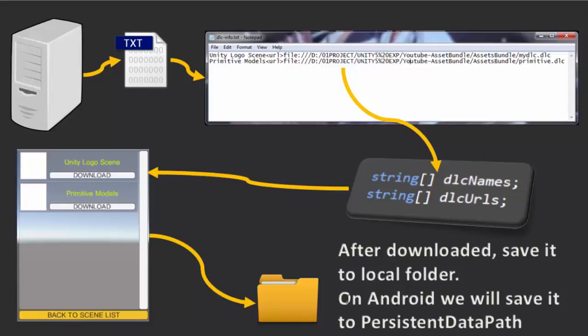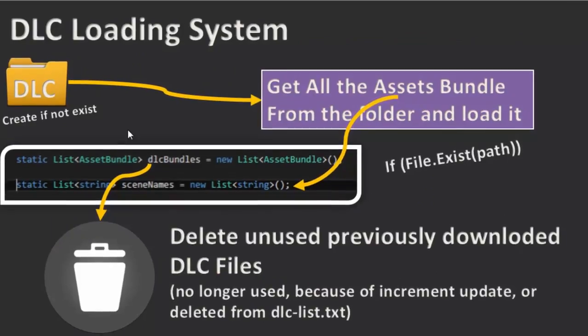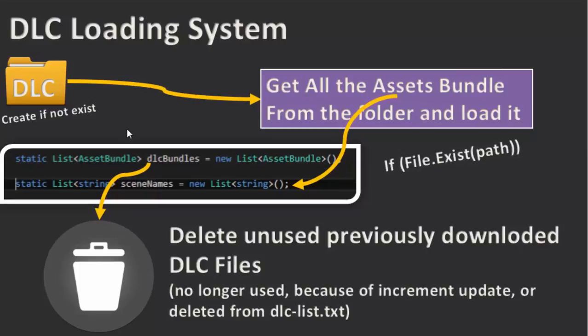So after we download the bundle and save it to our folder, then we can make the DLC loading system. First, we're gonna get all of the assets bundle from the folder and load it, and we store it to a list of assets bundle here.